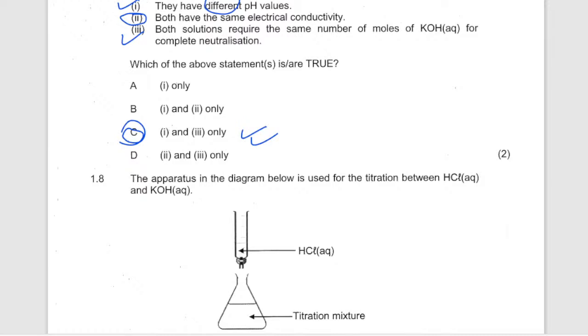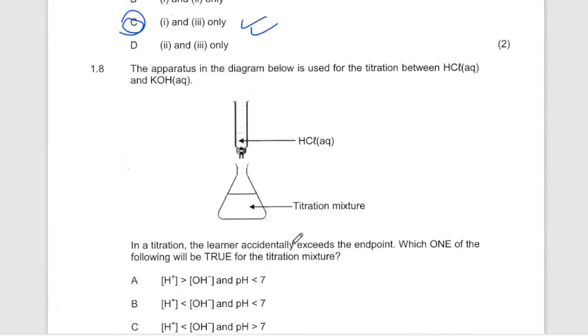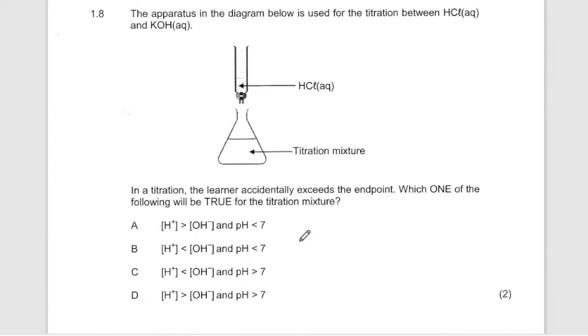We go to the next question, and then we see the apparatus in the diagram below is used for titration. Yeah, we use this to do the titration. But they are saying hydrochloric acid and potassium hydroxide. In titration, the learner accidentally exceeds the endpoint.